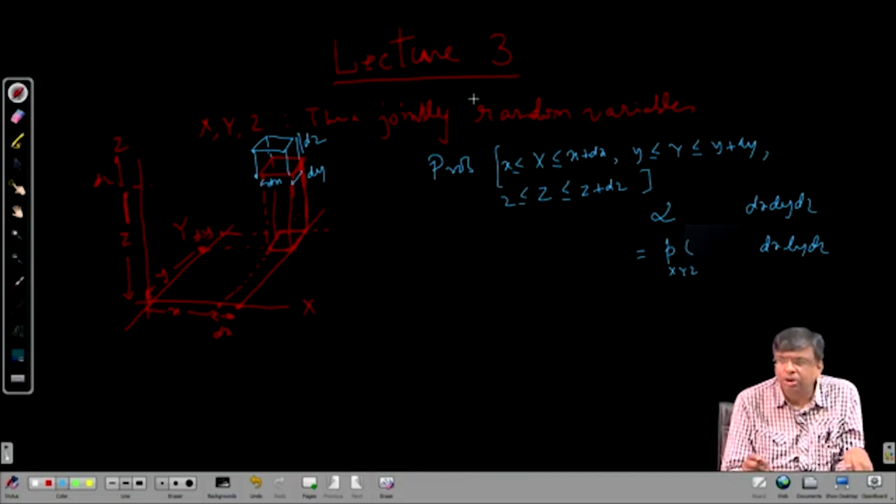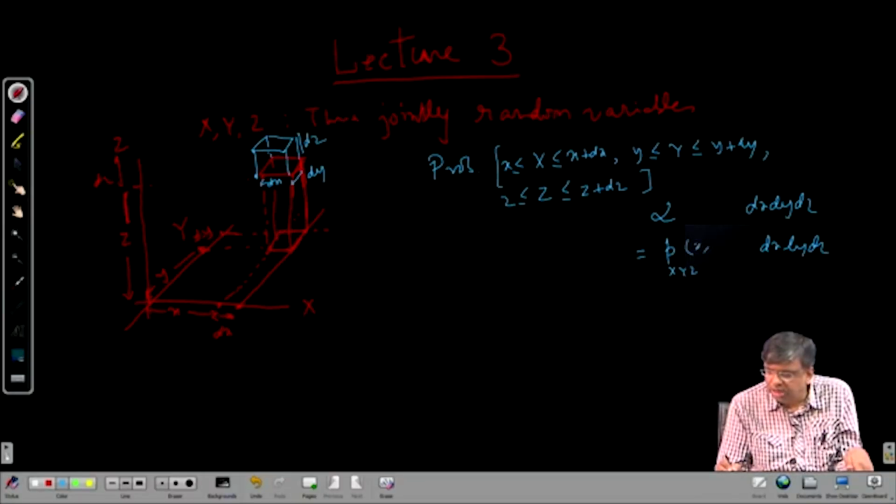Obviously, there is no guarantee that you will have the same probability of this x, y, z triplet occurring in the box if it is here and also if it is there, they will be different. So, it depends on the location of the box. That is why it will be a function of this location which we take to be x, y, z, because once x, y, z is known, other points are known.